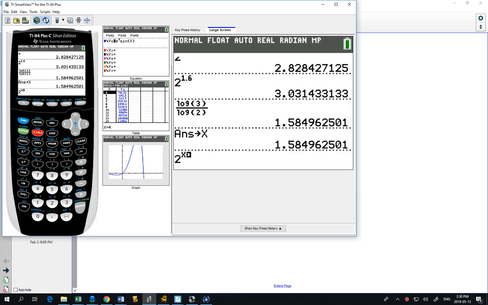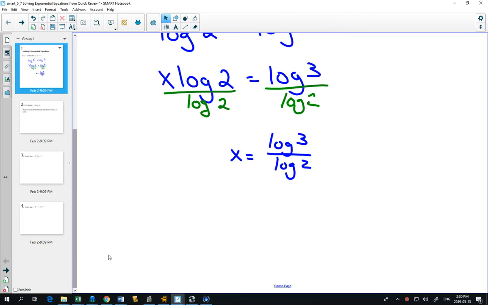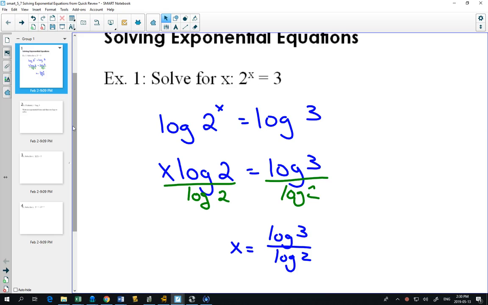Because if it is, we know that our answer is completely right. If it's not, we know that we messed up somewhere. It works out perfectly. This technique of taking the log of both sides is really helpful for all sorts of exponential equations.